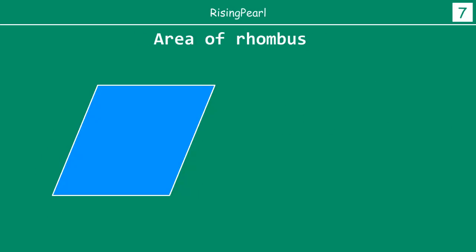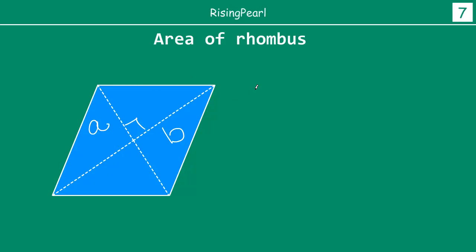Area of a rhombus similarly will be equal to, if you join the 2 diagonals, the diagonals will intersect at 90 degrees. So let's say the length of this diagonal is a and length of this diagonal is b.